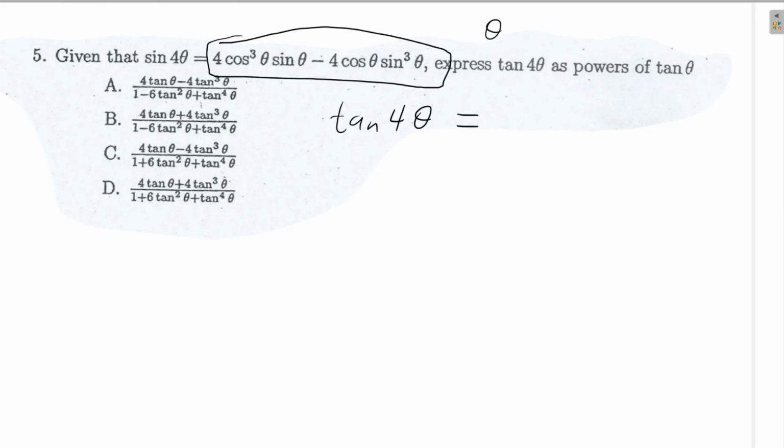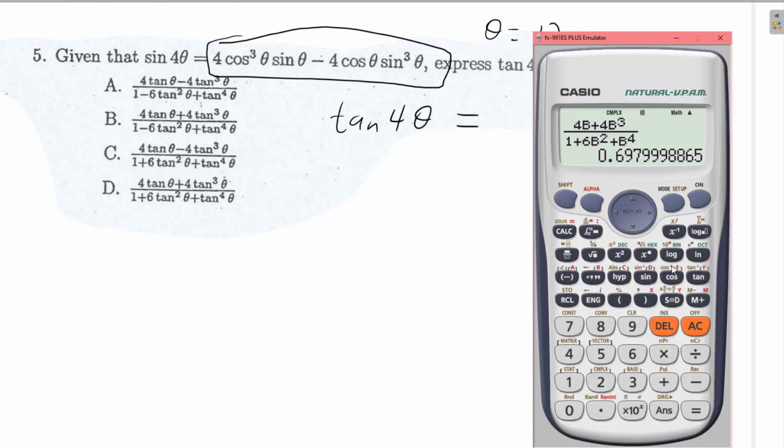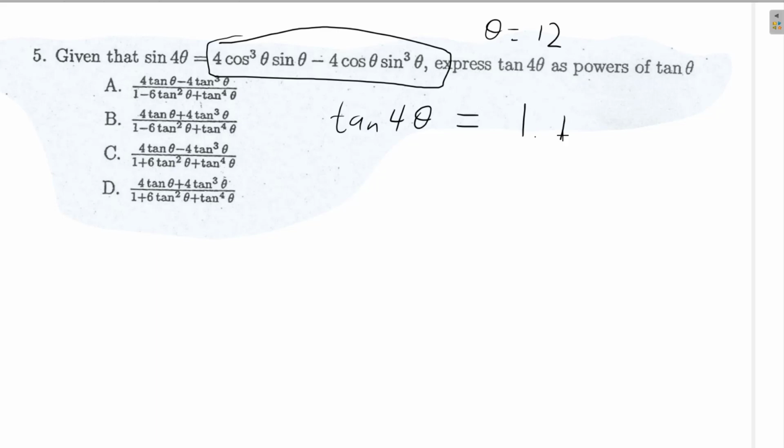So we will pick our theta to be 12 and then find tan 4 theta. Our theta is 12, which gives us 1.111. So one of these should give us 1.111. The option that gives us 1.111 is our final answer.